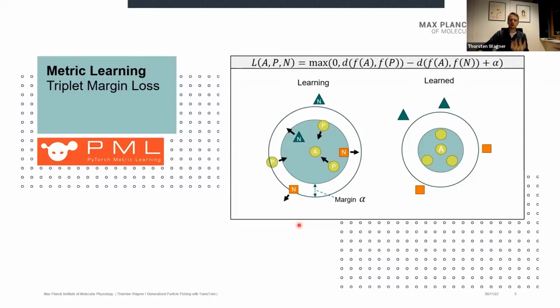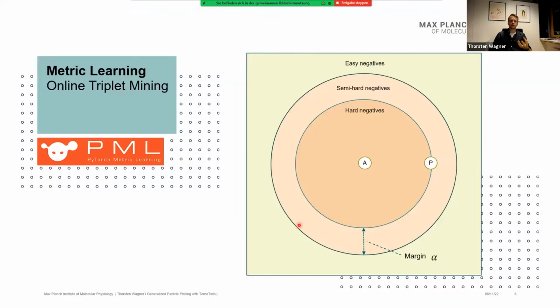But it turns out that with this kind of training, you quickly run into local minima or convergence problems, because many triplets show a loss of 0 quickly. So to solve this, you need to apply a triplet mining strategy. At every training epoch, you try to find those proteins that are not easy.